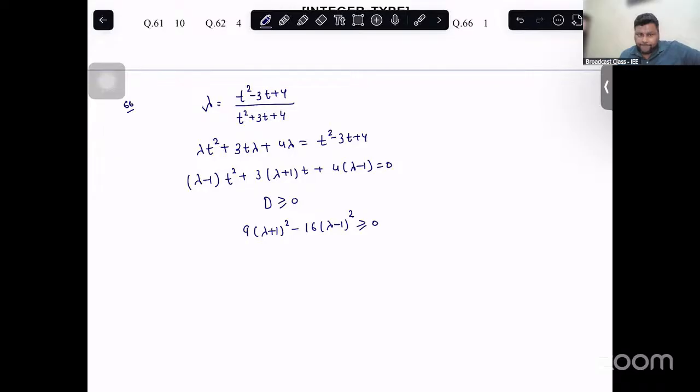Let us write it: (3 lambda plus 3) whole square minus (4 lambda minus 4) whole square more than or equal to 0. Apply a square minus b square.